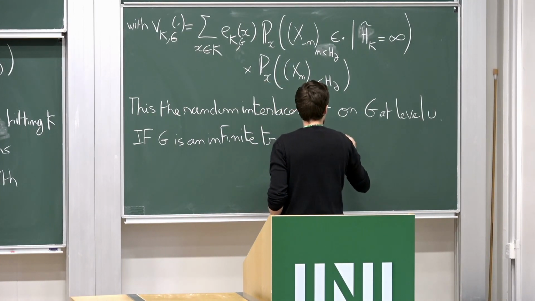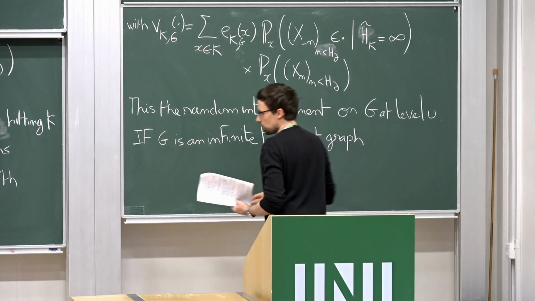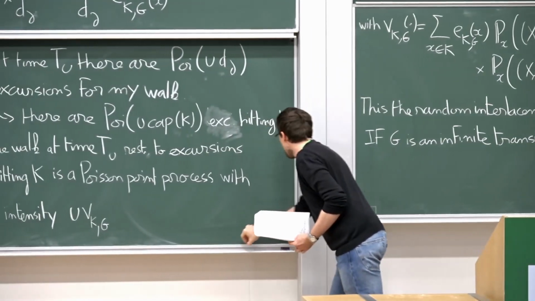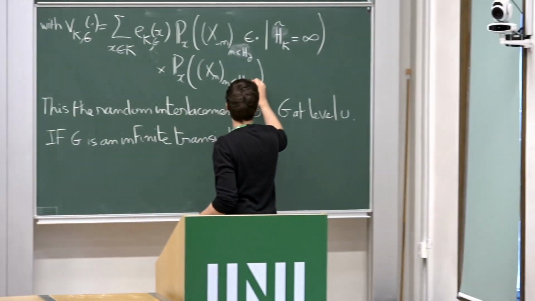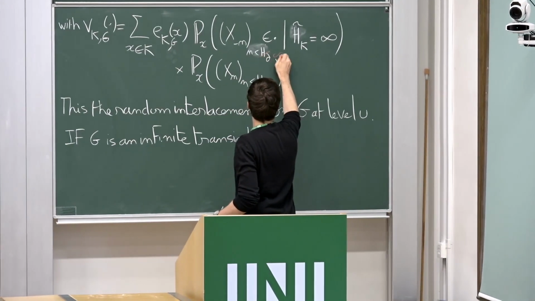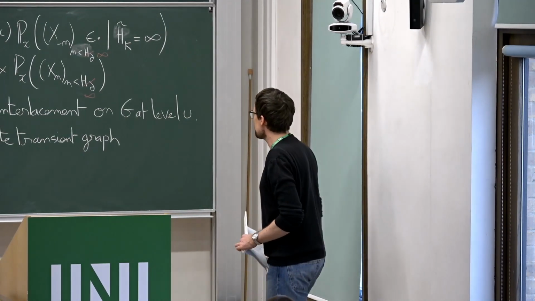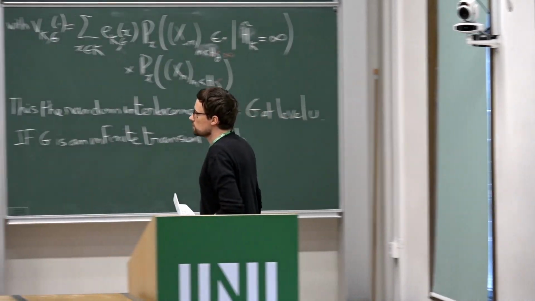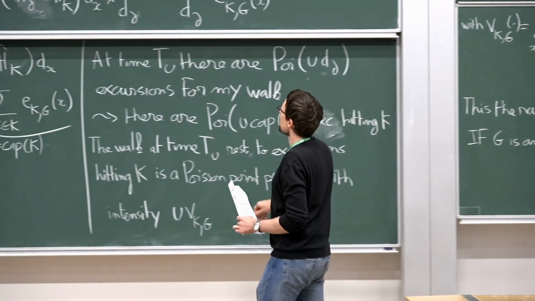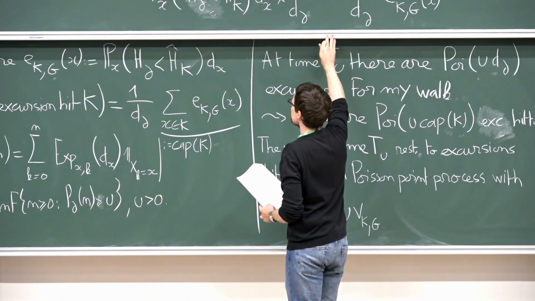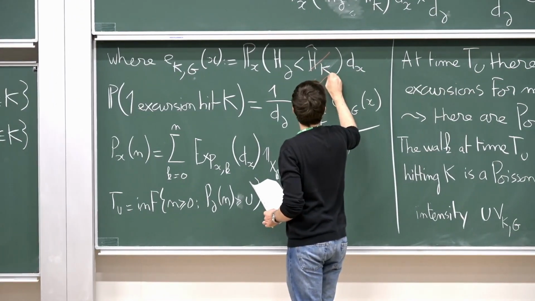Then I can still define this intensity measure. I just need to replace my boundary by infinity. I think the boundary is replaced by running for an infinite time. And the only difference is I also need to change my definition of my equilibrium measure here, but I can also do that.